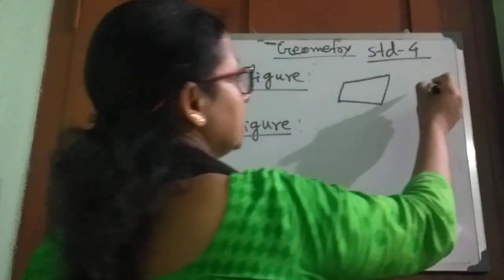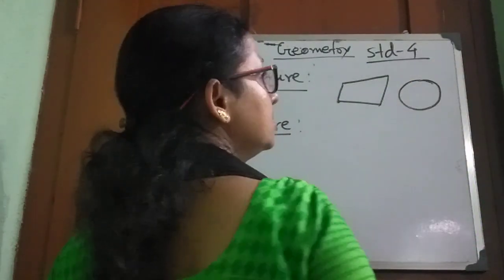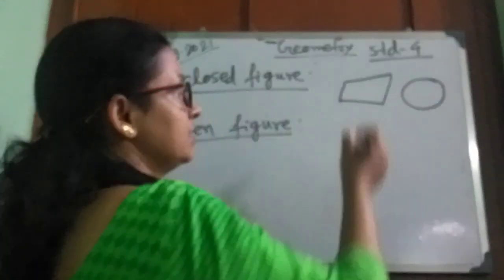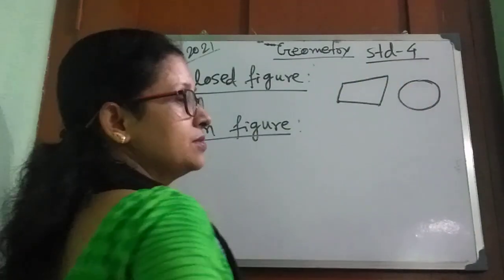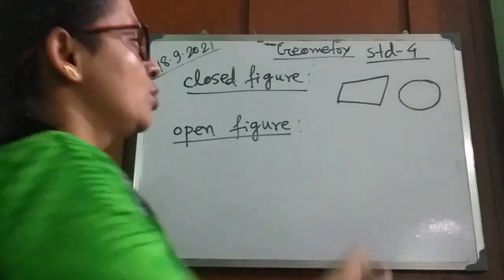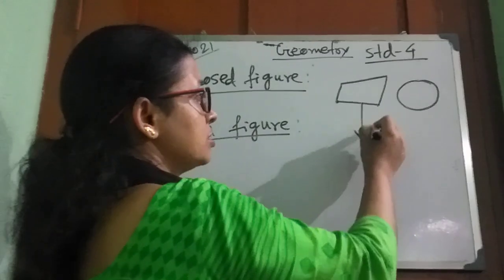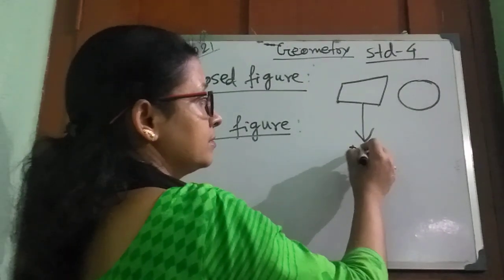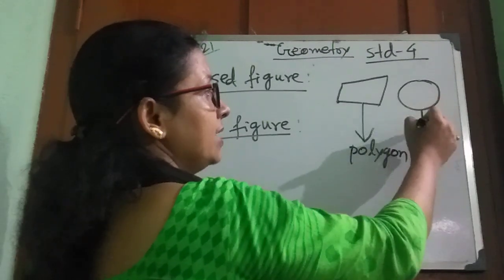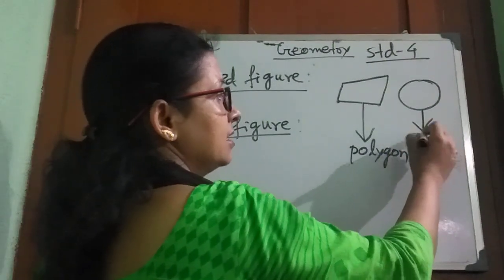The closed figure can be in this way also. This is also a closed figure. It is closed by a curved line. Here this figure is closed by line segments. So a figure closed by line segments is called a polygon. And you know the name of this figure is circle.